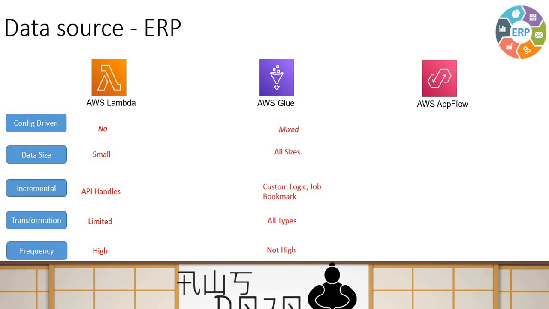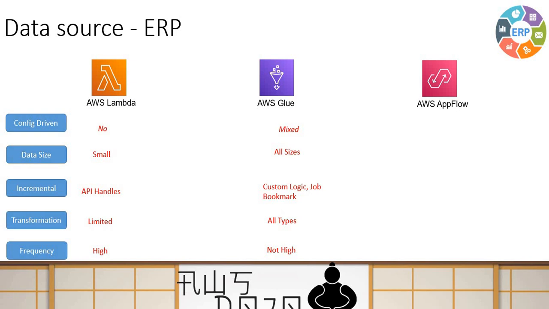Now moving on, when you talk about Glue, Glue can do mixed, because if you're talking to a database, you can go completely configuration driven. If you're talking to an API, then you have to go completely code driven. So you do have a choice to build the whole data ingestion job through configuration, code, or a mix of both.